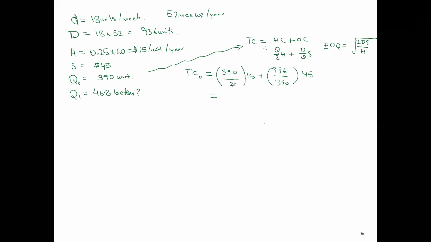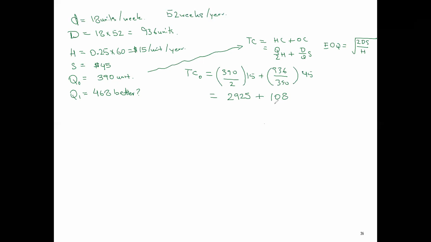So this is 2925 plus, okay, 936 times 45 divided by 390 equals 108. So my total cost is a function of holding cost plus ordering cost. Holding cost is 2925. Ordering cost is 108.